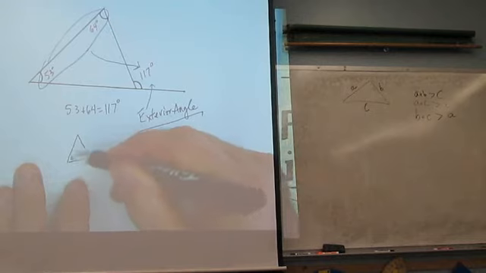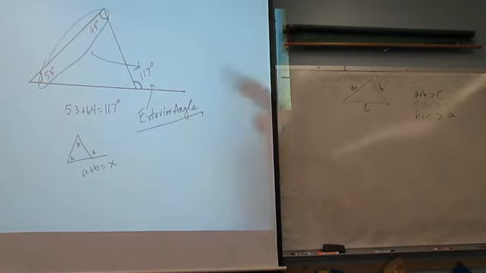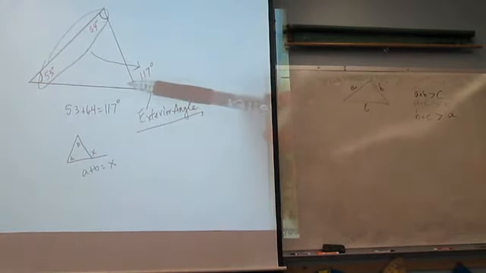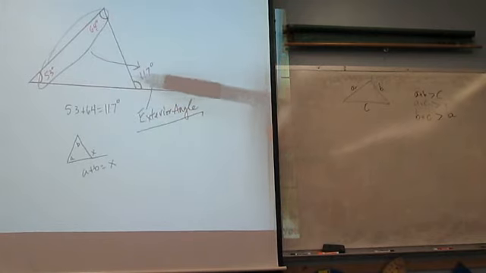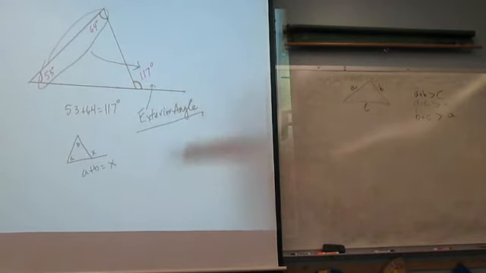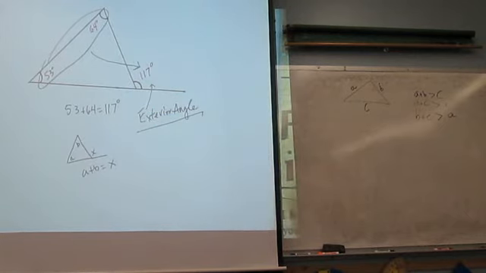So if you have A and B and X, these two interiors, A plus B, will equal the exterior. Now, if you think about where that comes from, these two minus 180 gives me this third one here, and those two make up a linear pair, so you can kind of jump around like that, or you can use this exterior angle conjecture like that. Okay, so we just did 3 conjectures, so let's go ahead and write those down.